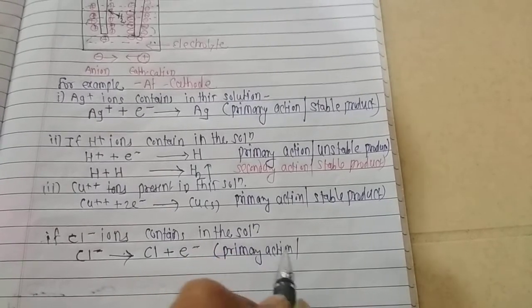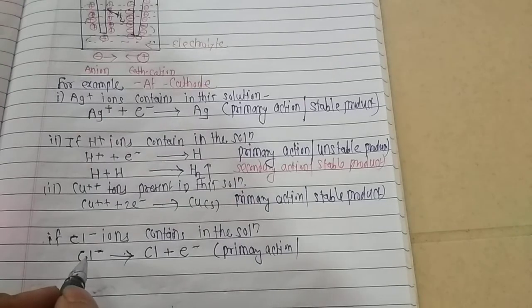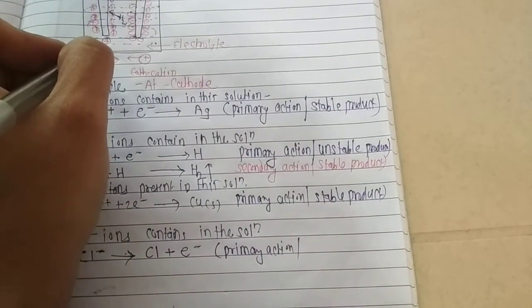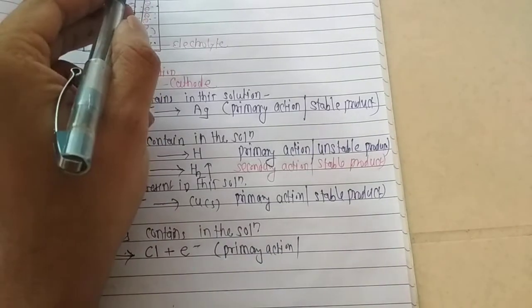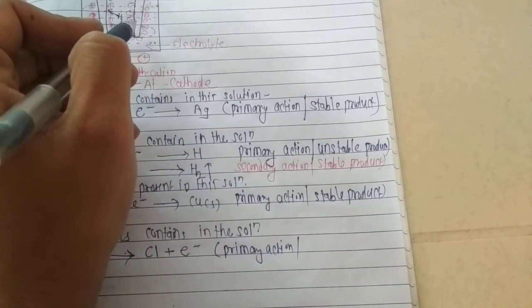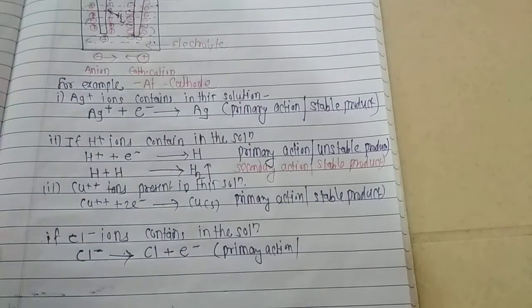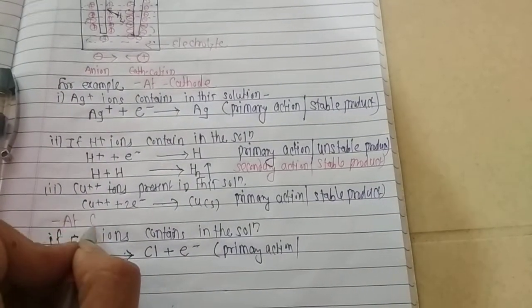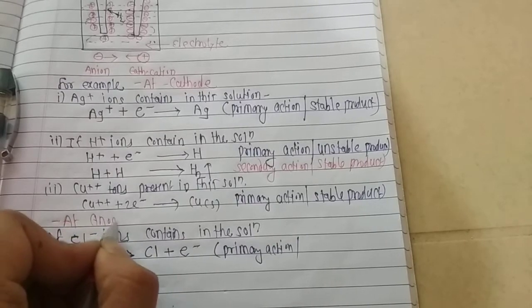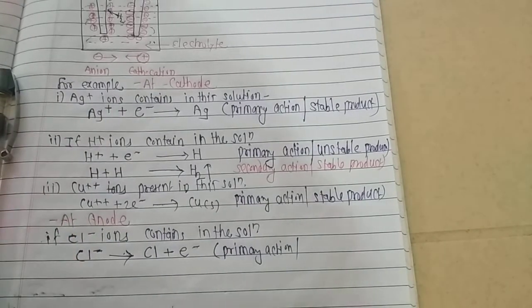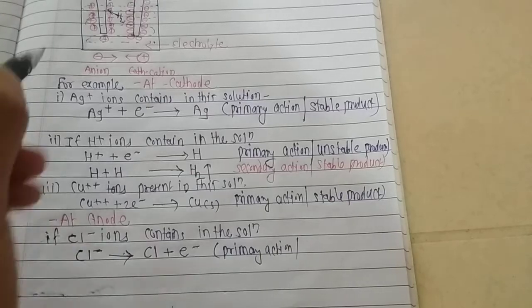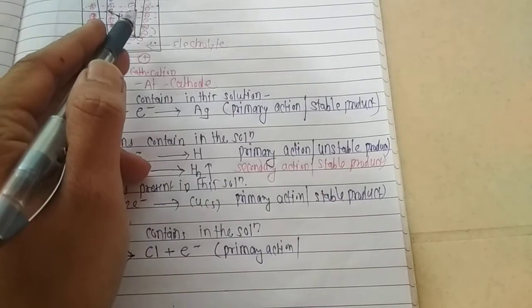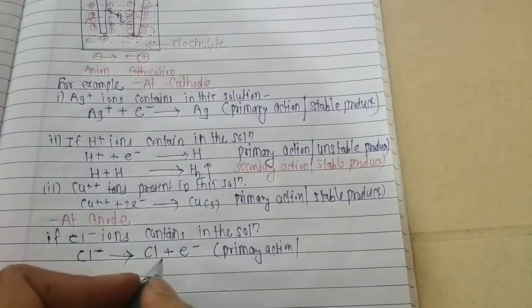Here the chlorine ion has a negative charge, it is an anion. The negatively charged anion goes towards the positively charged anode, and therefore this reaction takes place at the anode.